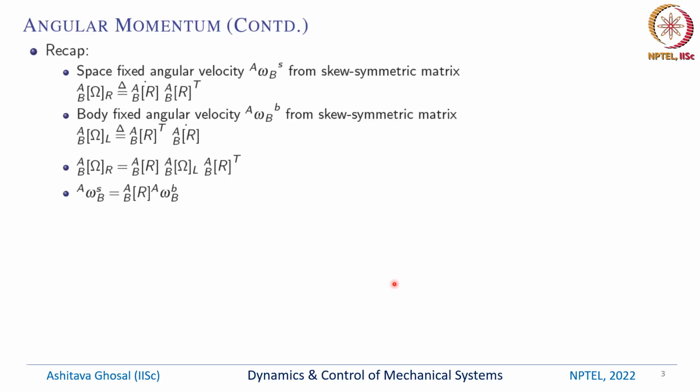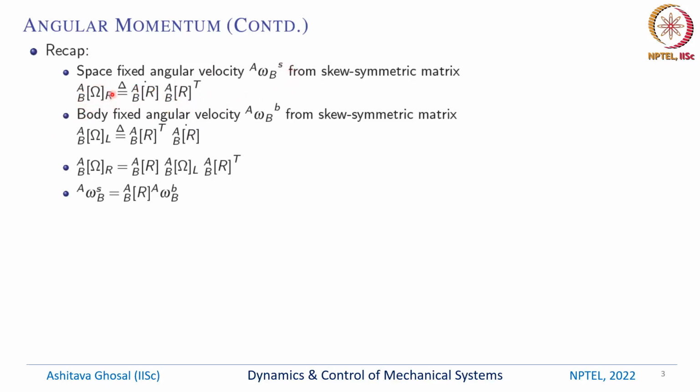Let's recap also a little bit about the angular velocity vector. We had derived one angular velocity vector from the rotation matrix, which was R dot R transpose, so ABR dot ABR transpose. This we called omega r.